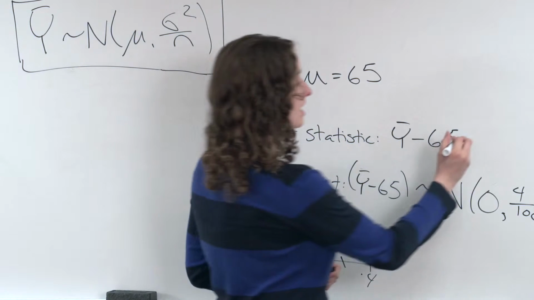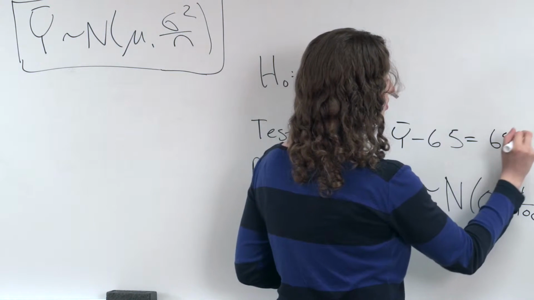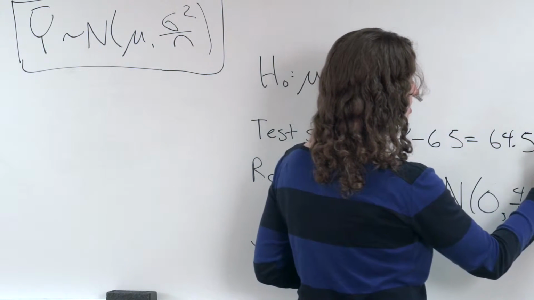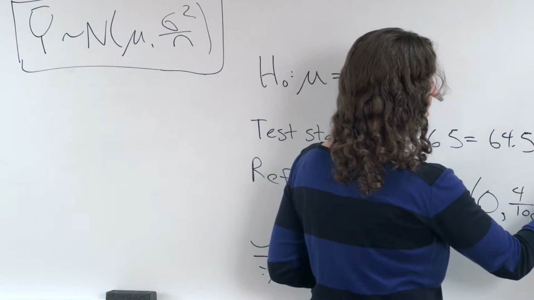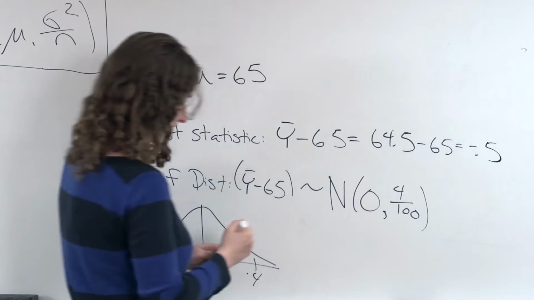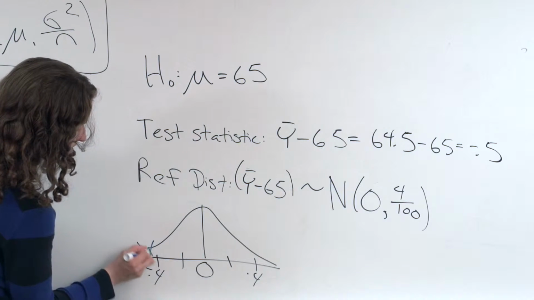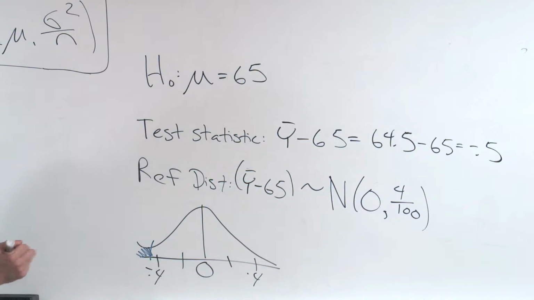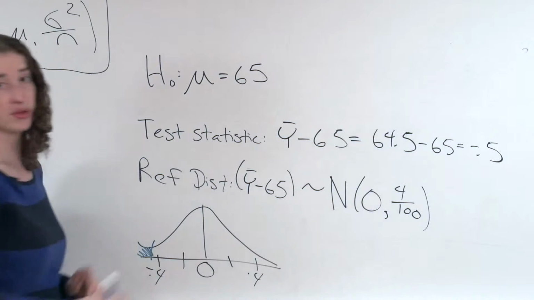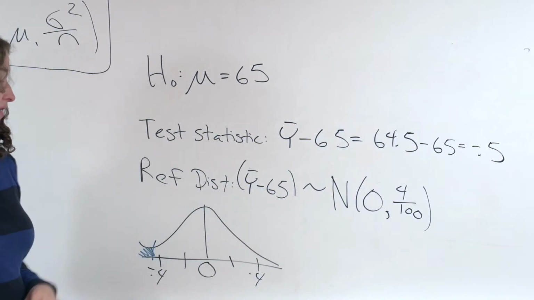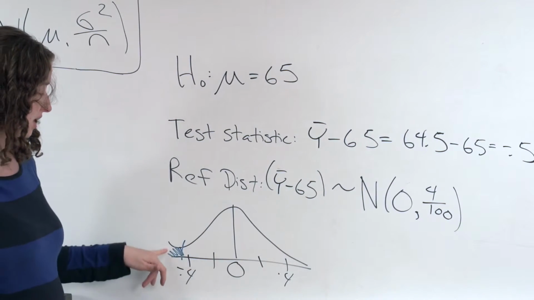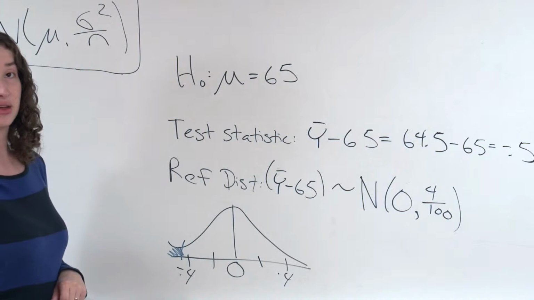And I said that I observed 64.5 as my sample mean, so 64.5 minus 65 is negative 0.5. Here's the value I actually observed. Here's the p-value, and because I know that 95% of the time those values will be between negative 2 and 2 standard deviations of the mean, I know this p-value is less than 0.05.